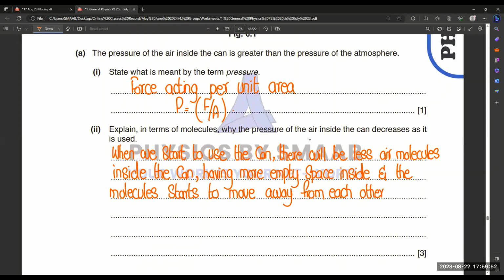Initially we have a full spray and the air molecules are moving very far away because pressure is greater. After some time, when we use that can, the air molecules will not move very far away compared to the original or new condition of the can, right? So that will increase the volume.